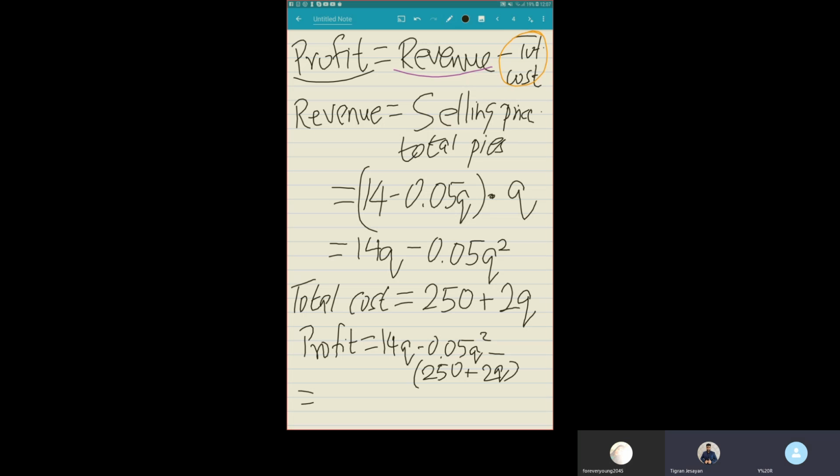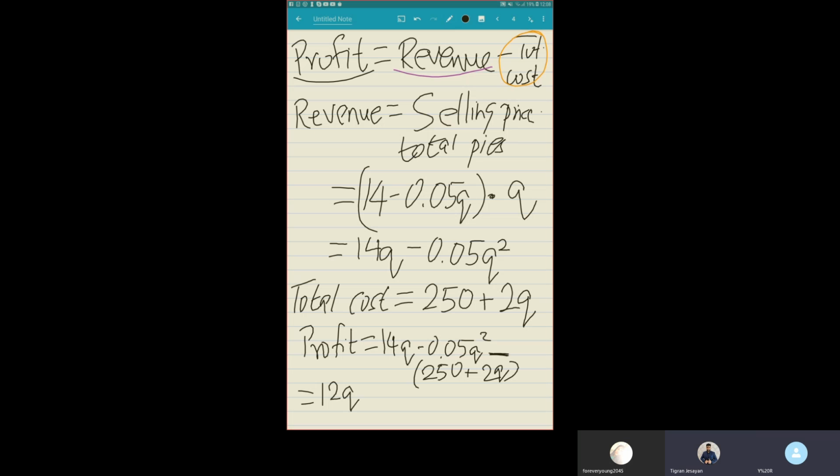It was very good of you to put this inside the bracket, so as not to mistake it with the minus. And basically, there is a 2Q on the right side and there is a 14Q on the left side. We have to subtract these from each other, so that becomes 12Q.